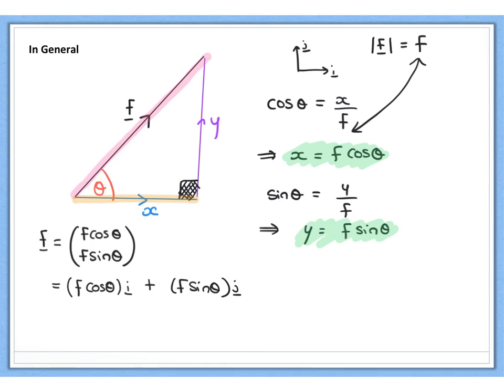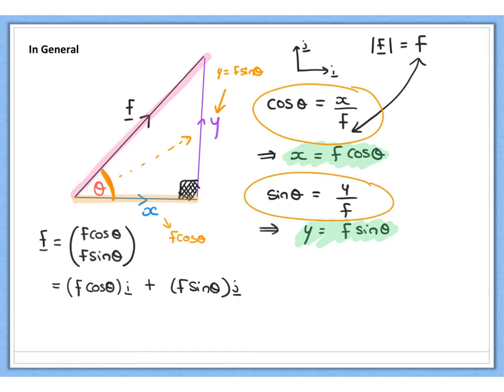That one's adjacent, so it's simply F cos theta, and I should be able to get to a stage where I can straight away say that X is equal to F cos theta, and you can see that because X is adjacent to that angle there. I then look at the vertical component and I can see that that's opposite the angle, so it's a sine component, so I need to get to the stage where I can say that Y equals F sine theta straight away. The idea being that you aim to try and miss out these steps here and you go straight to your resolved force into its components.